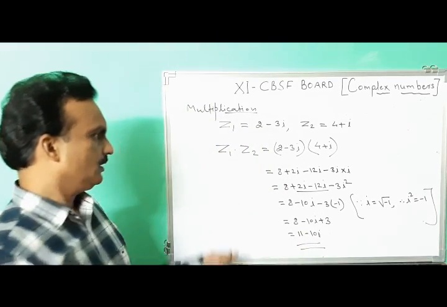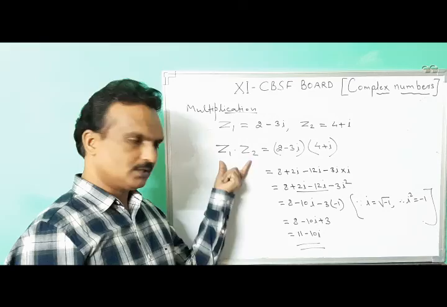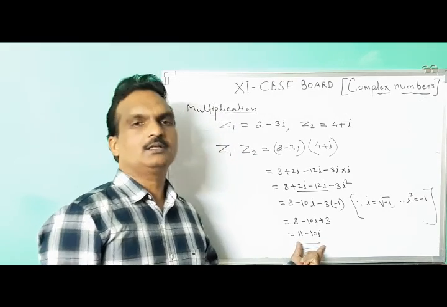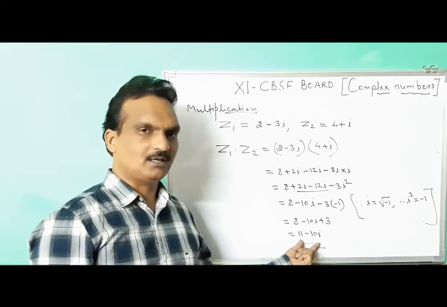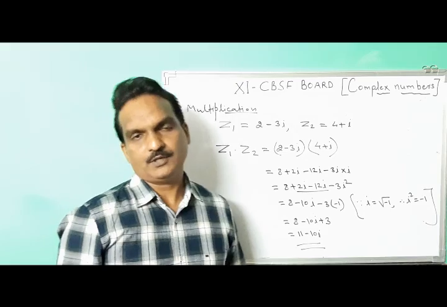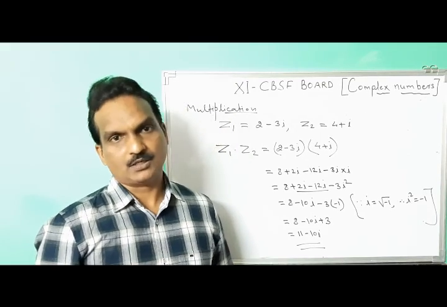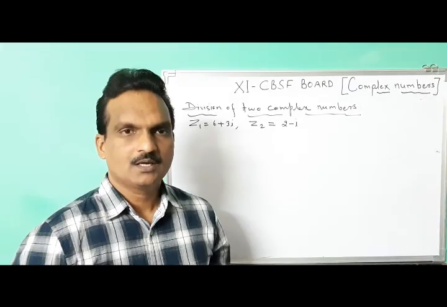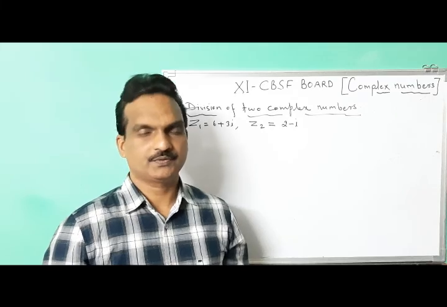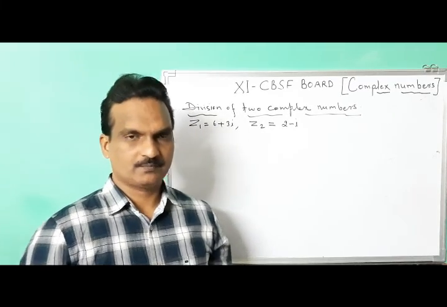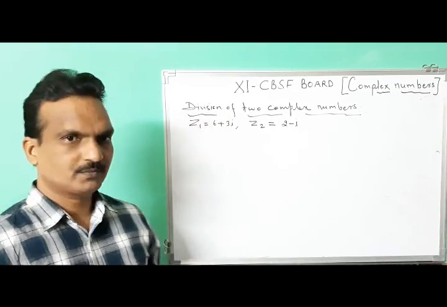Got it? So, multiplication of two complex numbers is also a complex number. 11 minus 10i. Similarly, if you divide, then also you will get a complex number. Let us see the division of two complex numbers. Here we have two complex numbers.